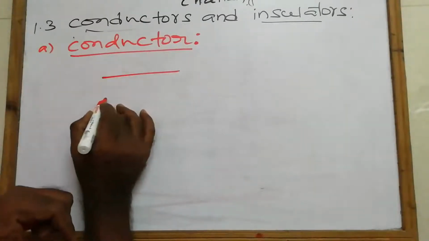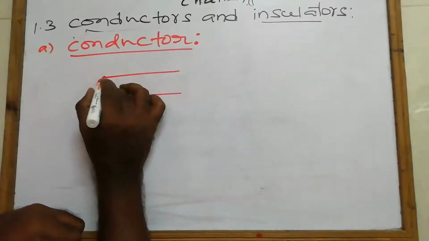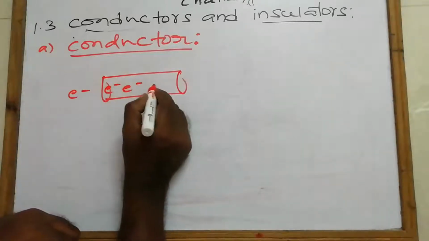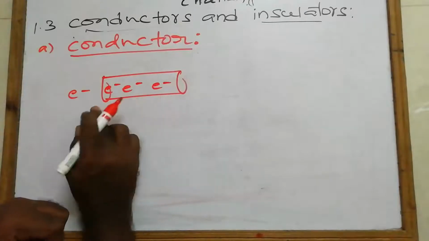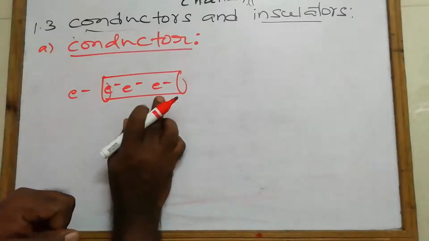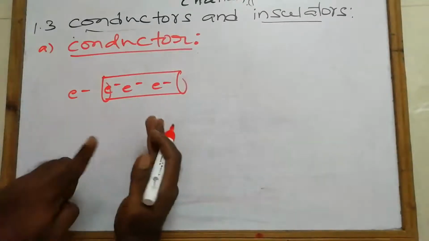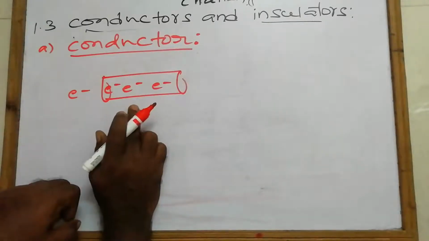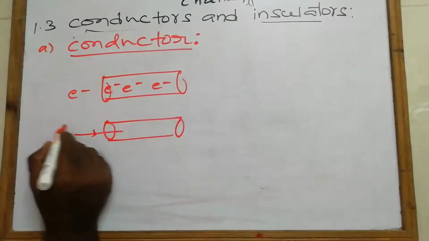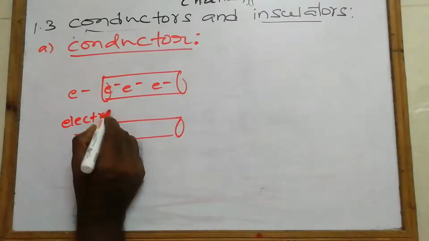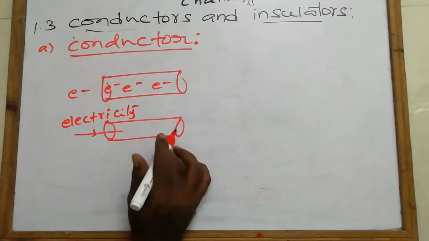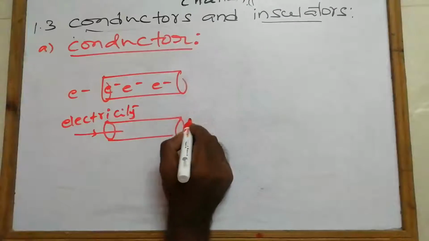These substances allow the electrons to pass through them, which means there is a passage of electricity through them. Such substances are called conductors.